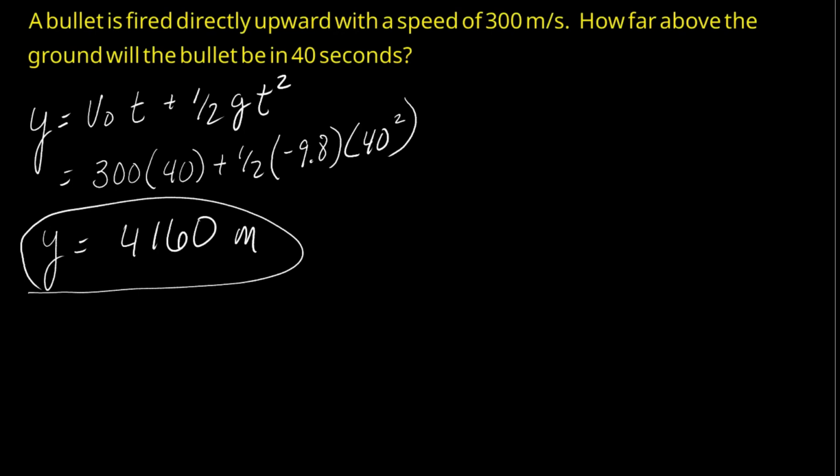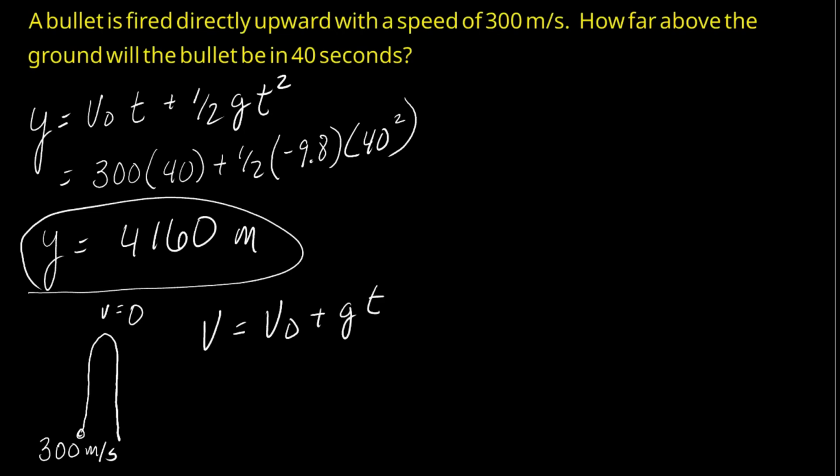Alternatively, we could calculate the time to reach the apex where the velocity is 0. So, if I'm going upward and back down, at the apex here, the final velocity is going to equal 0. So we could use the formula: velocity is equal to the initial velocity plus gt.